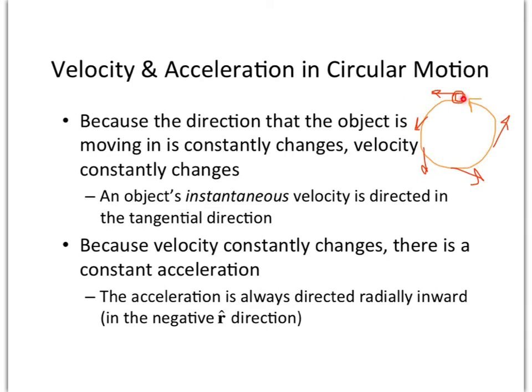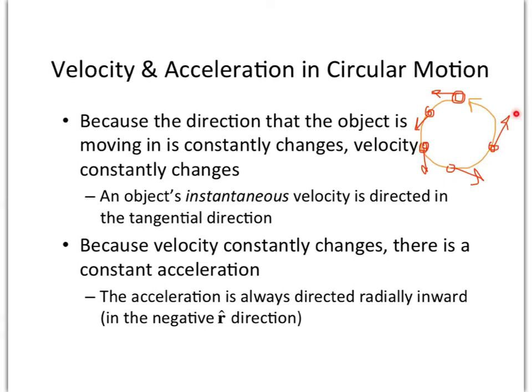So at any one point right here, so say this object is right here, or right here, or wherever, at any one instant, the instantaneous velocity is directed in a tangential direction. That's how I've drawn all these velocities right here, as tangents to this orange circle, this orange arc.